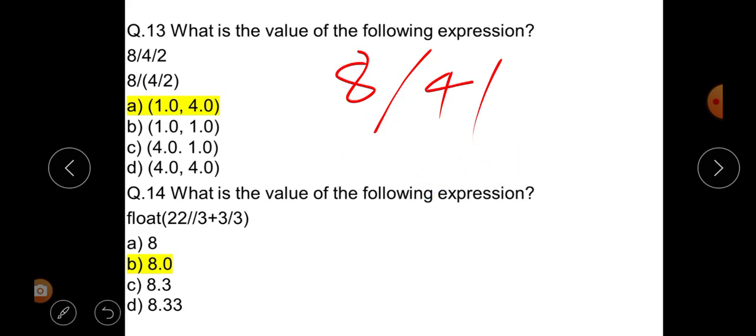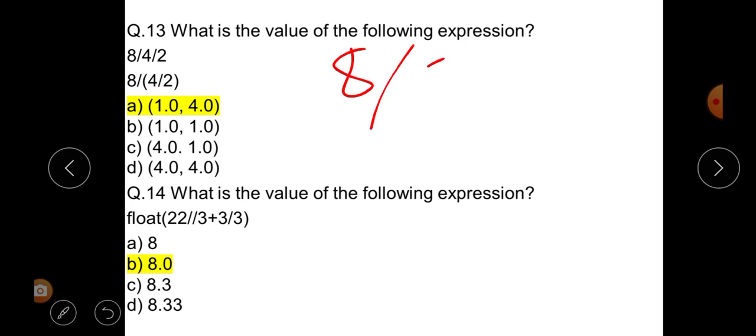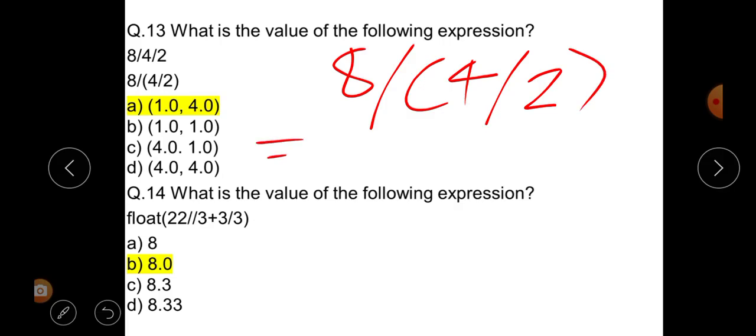Now let us take the second expression. The second expression says 8 slash (4 slash 2). So 4 slash 2 is basically equal to 2.0. And as we know, first of all, the parentheses will be solved according to the BODMAS rule, which is used in mathematics as well as in Python programming.